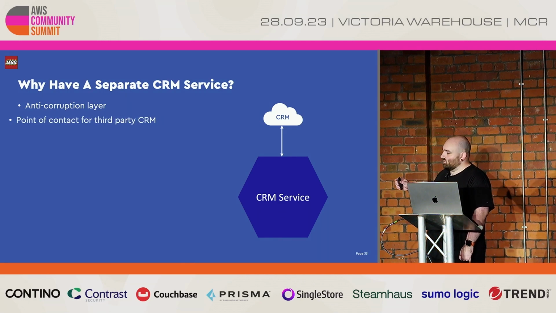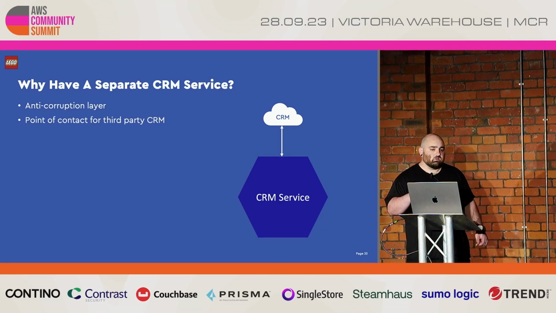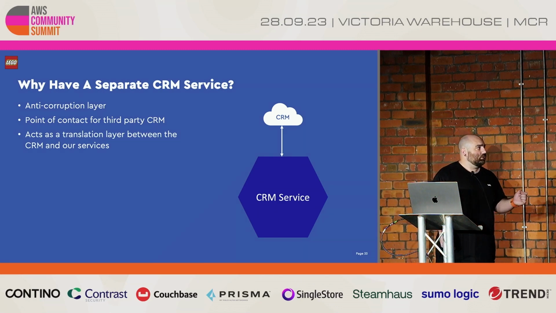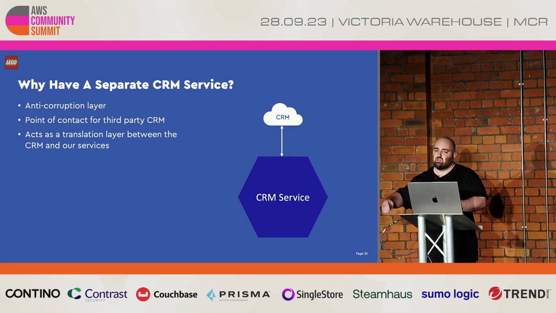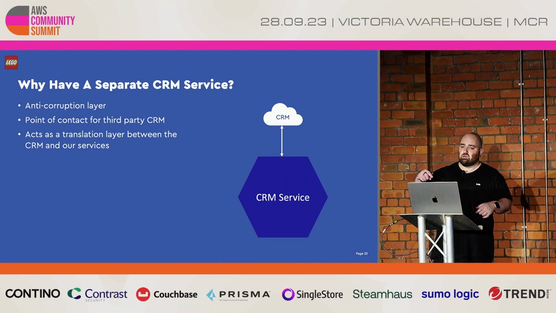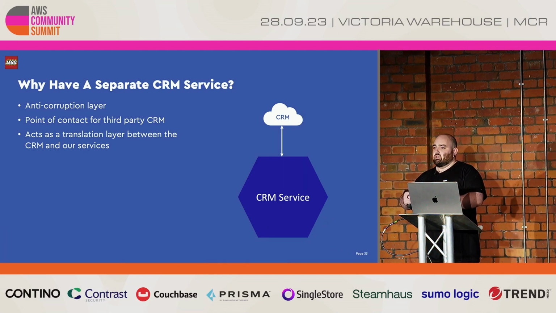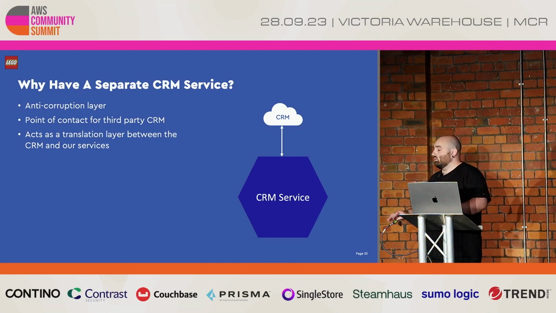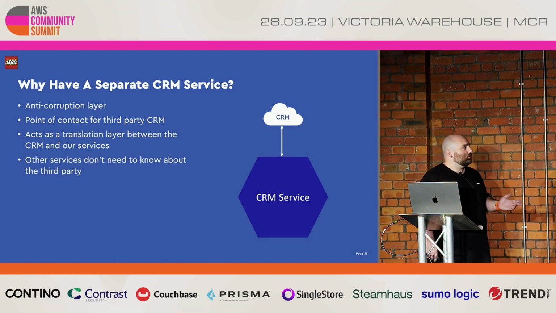This CRM service will act as our point of contact to that third-party CRM, and it'll act as a translation layer between the CRM and our services. Whatever response it gets back from the CRM, it will translate into a format that the rest of our microservices will all understand, and then it can flow through, and there's no real disruption.